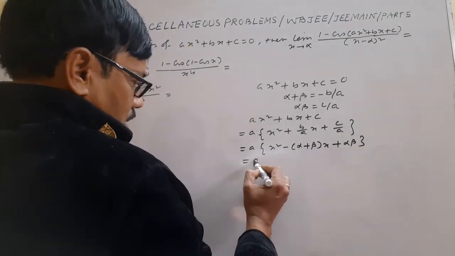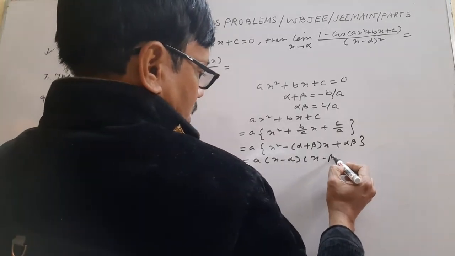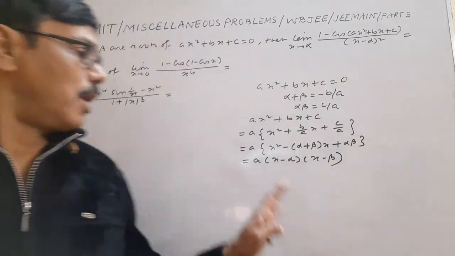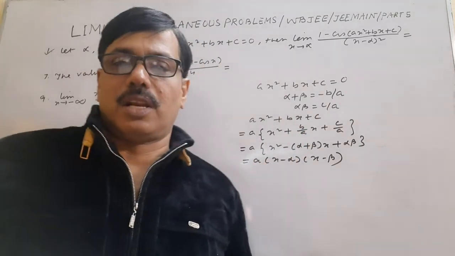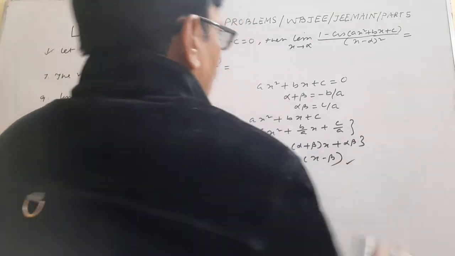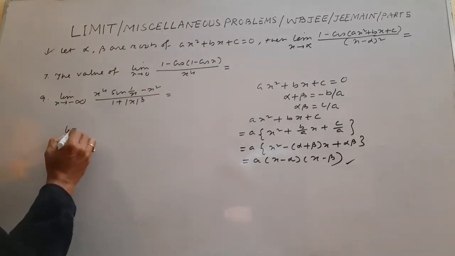So, you can write it directly. This is a well-known result: ax square plus bx plus c equals a into (x minus alpha) into (x minus beta). Now, we consider the limit.